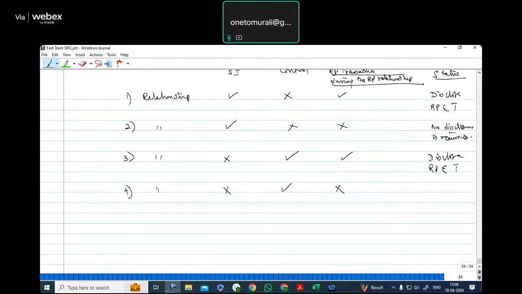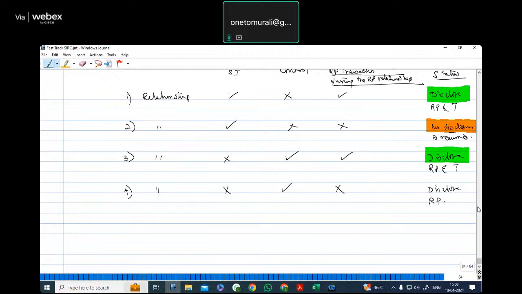What are we expected to do? Here we are expected to disclose. Disclose what? When there is no transaction, the related party only. Even though I do not have a transaction, when the relationship is falling under control, I am expected to report this matter, the related party relationship.